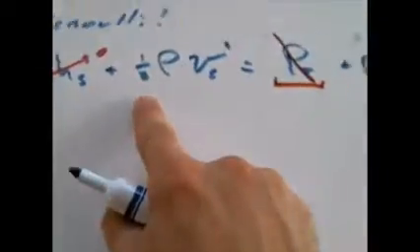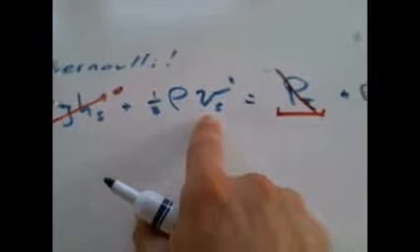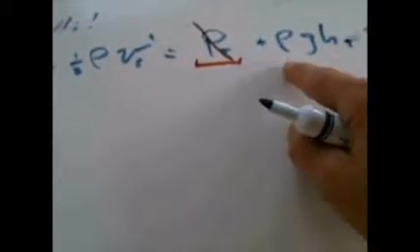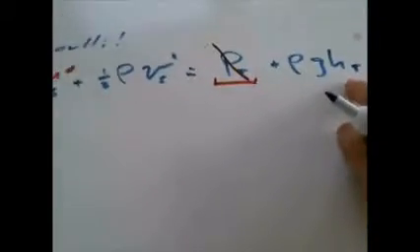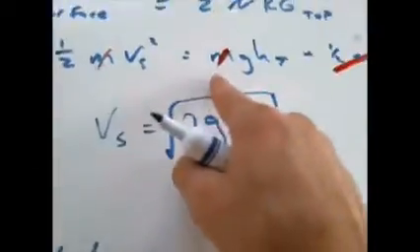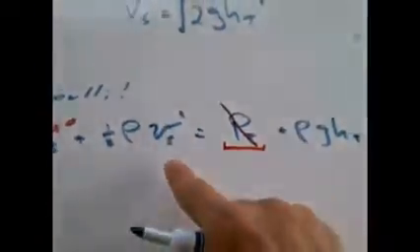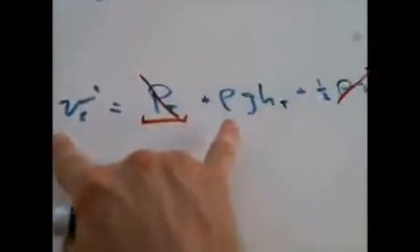So now I'm left with 1/2 rho V at the surface squared equals rho GH at the top. In the same manner, we can kill the densities because it's a rho and a rho, the same fluid.